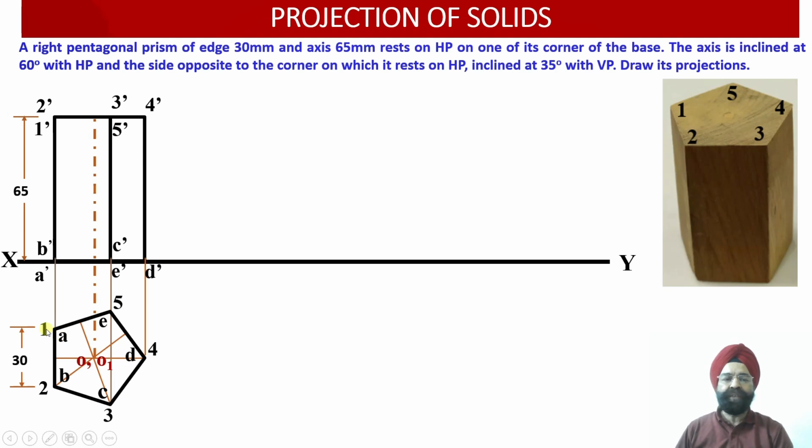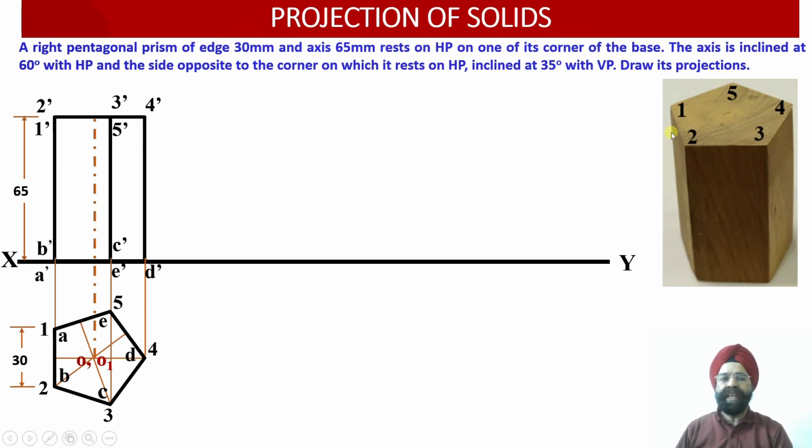But this vertical edge is being superimposed, overshadowed, by the front face vertical edge 2B. So this vertical edge 2B is to be drawn with an object line. This vertical edge 1A should be drawn with a dotted line, but this dotted line corresponding to 1 dash A dash will be superseded by the object line corresponding to the edge 2 dash B dash.